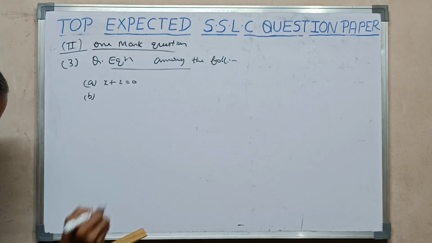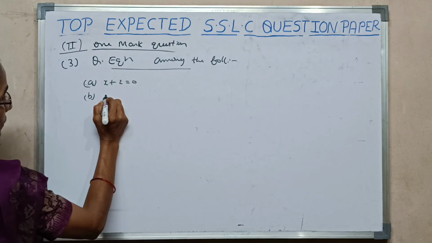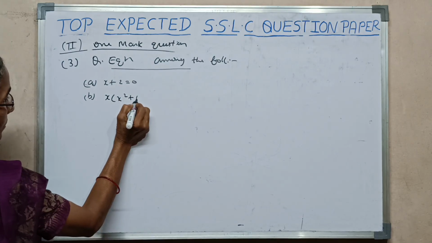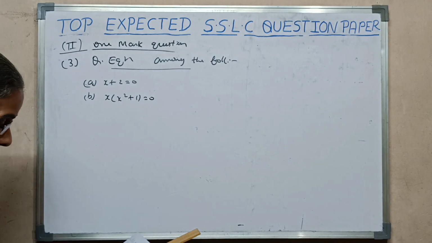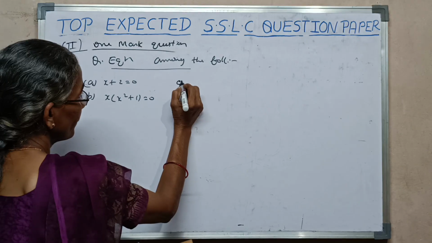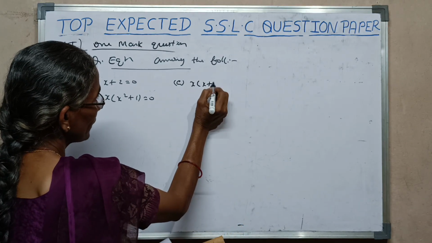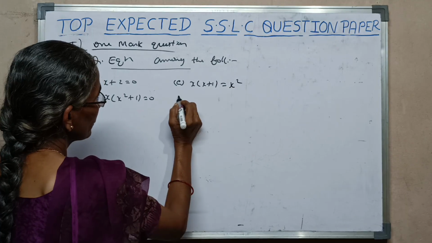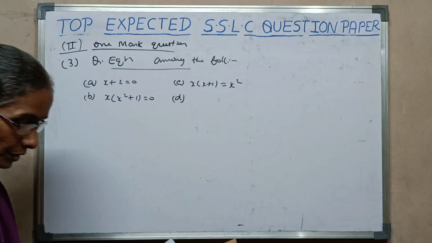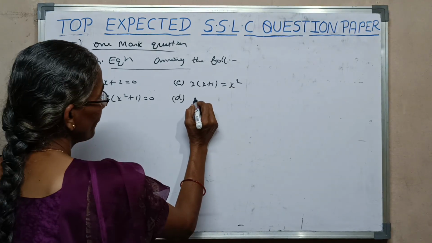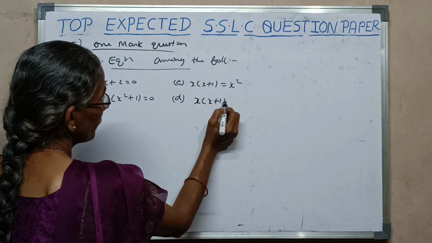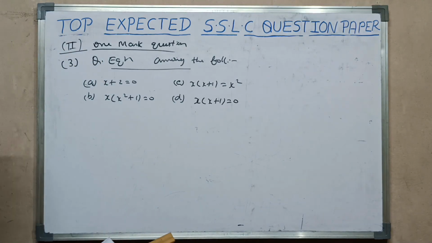B is x into x square plus 1 equal to 0. Third option is x into x plus 1 equal to x square, and fourth option is x into x plus 1 equal to 0.